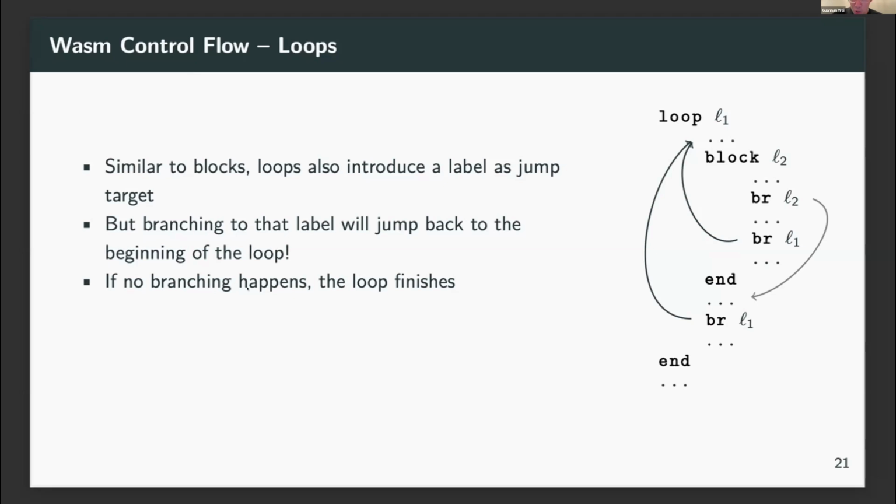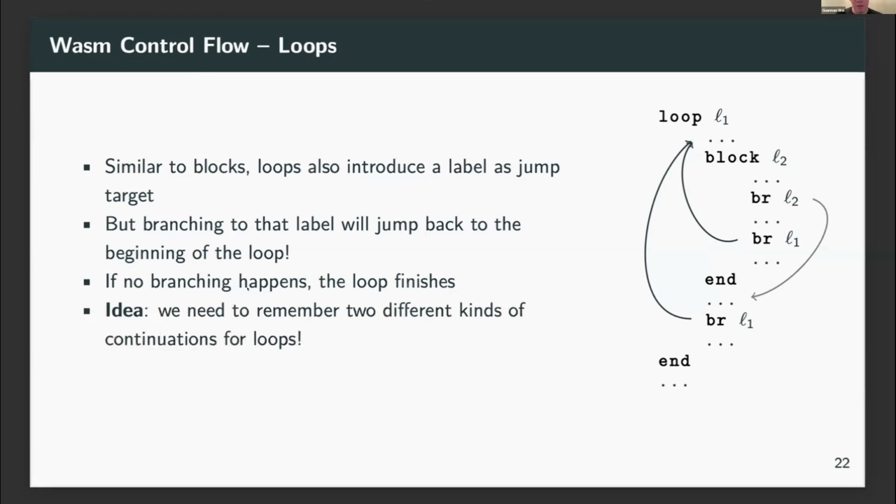And if within the loop body no branching happens, the loop just finishes. So the idea here is we need to remember two different kinds of continuation for the loop. One is that we really want to go back to the beginning and perform the next iteration of the loop. And the other continuation is for when the loop is finished, then we need to go to the next instruction syntactically after the loop.